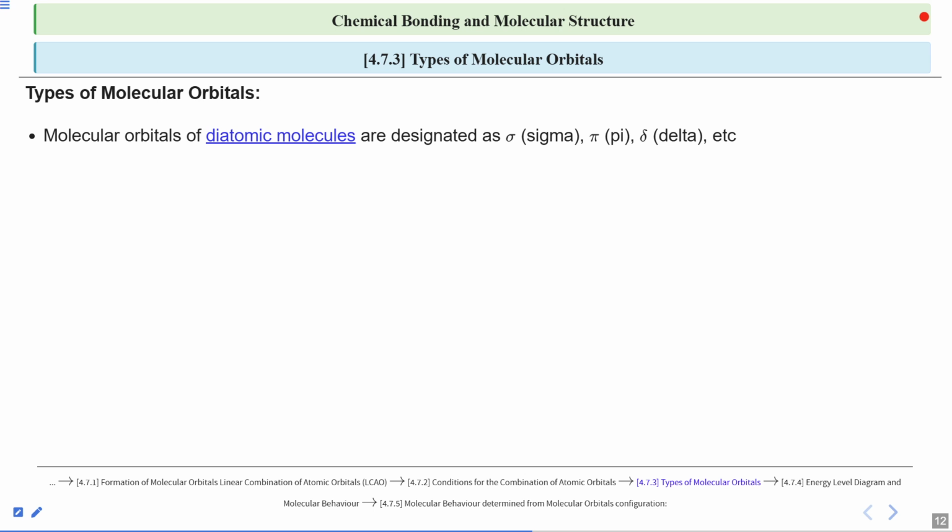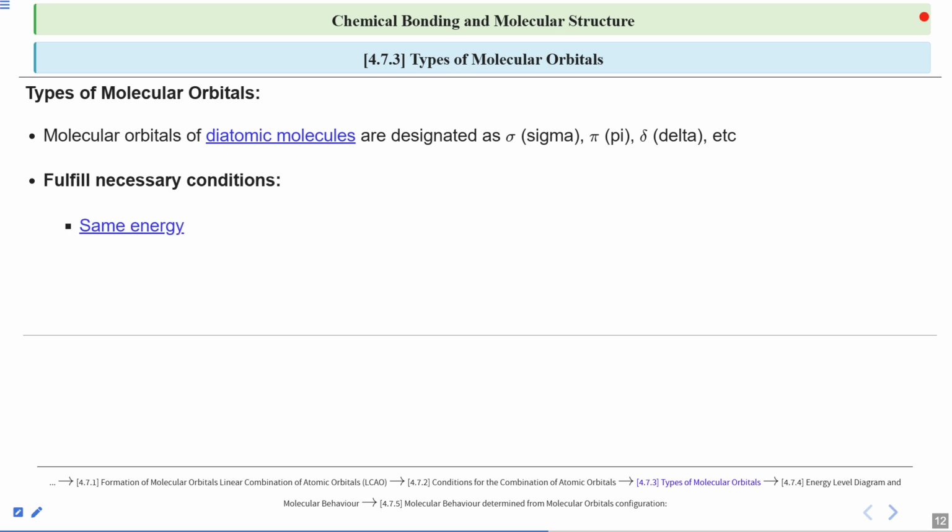So multiple are possible in the case of a diatomic molecule. And to form these, what are the necessary conditions? If I shorten it down, in the case of homonuclear diatomic molecules, I'm telling about those: same energy, same symmetry, and decent overlap or better overlap. You can take any term.